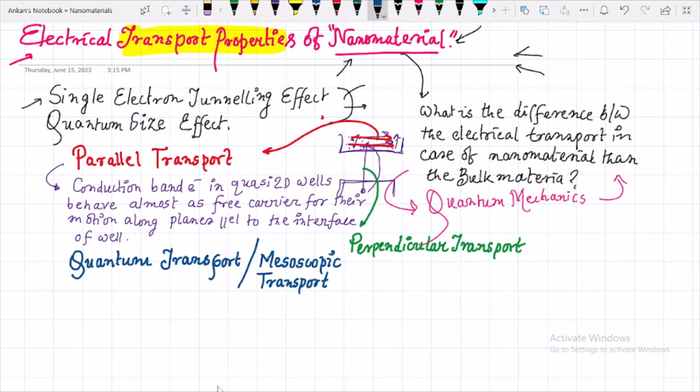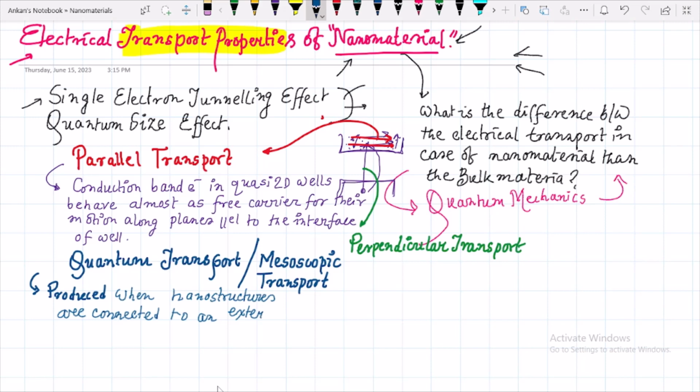If you are asked to give the definition, then you can say that mesoscopic transport is produced when the nanostructures are connected to an external current source by means of leads or contacts.